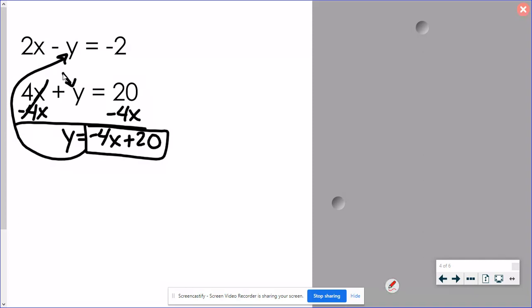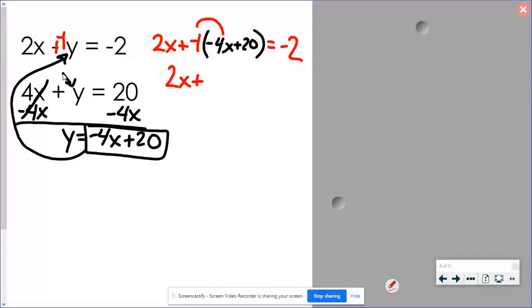So when I write that, again, don't forget this is really plus a negative 1 in front of that. I would have 2x plus negative 1 times what the y was equal to, equals negative 2. 2x plus positive 4x and a negative 20 equals negative 2.